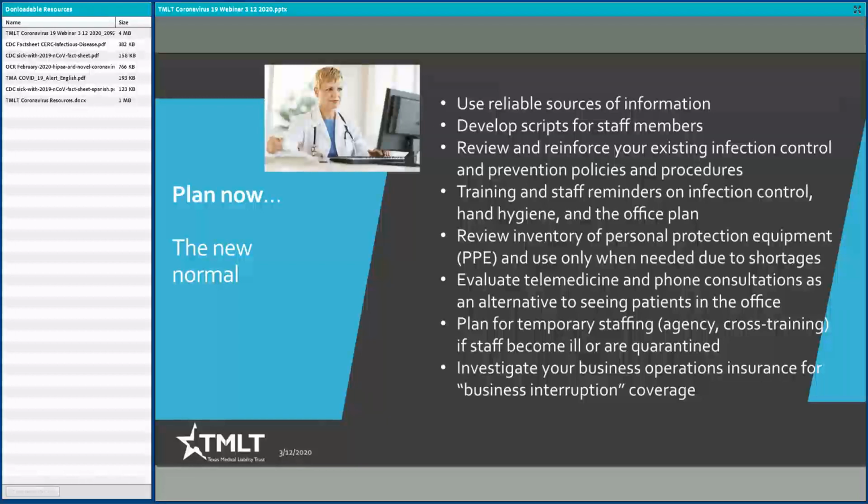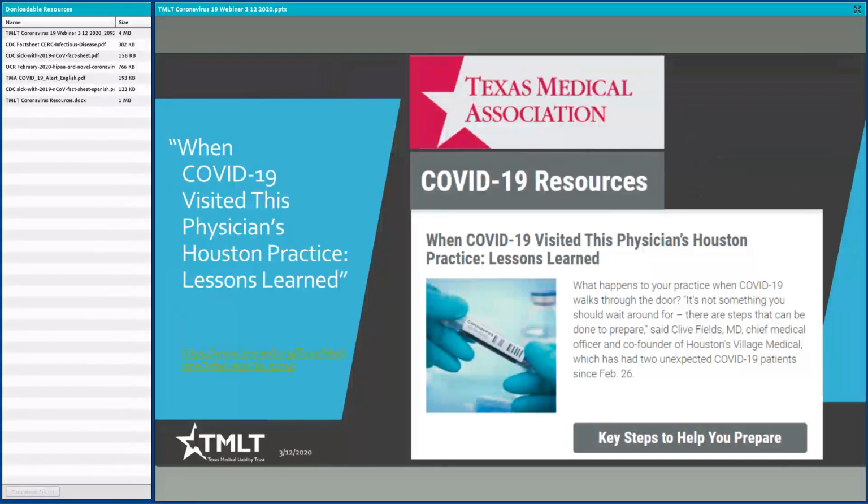I will just mention that your TMLT medical professional liability insurance coverage does not cover business interruption. And the business interruption coverage under your cyber insurance policy would not be applicable for coronavirus.